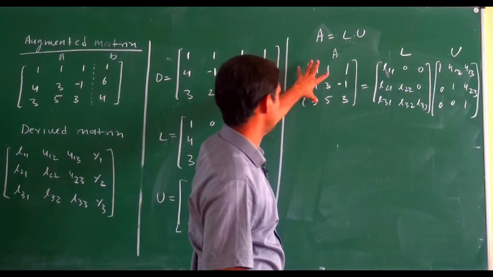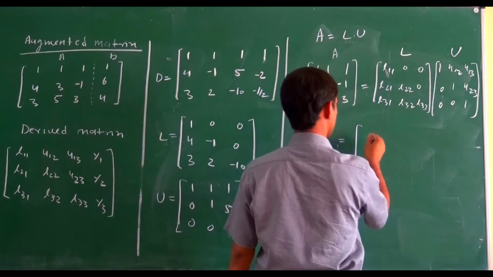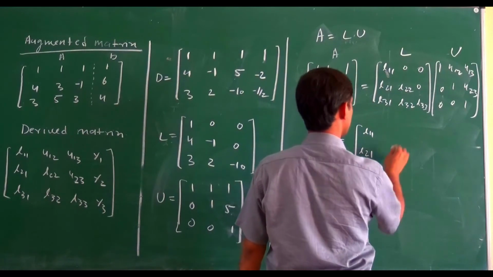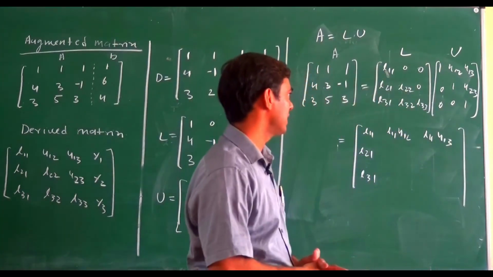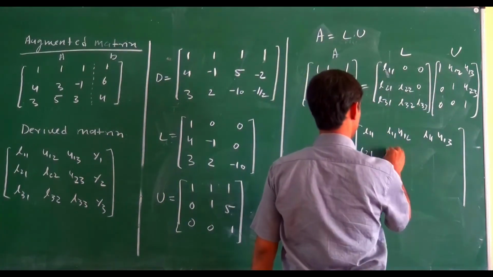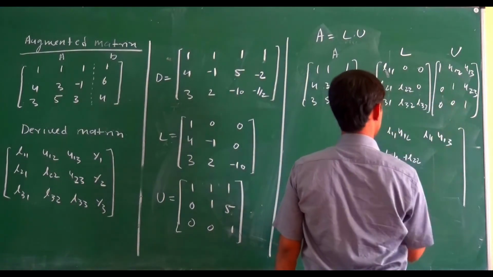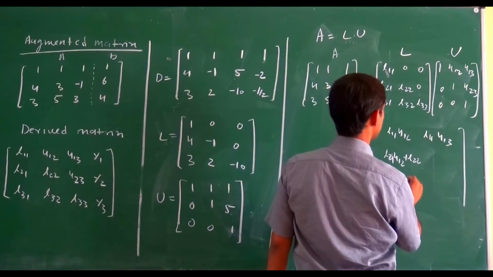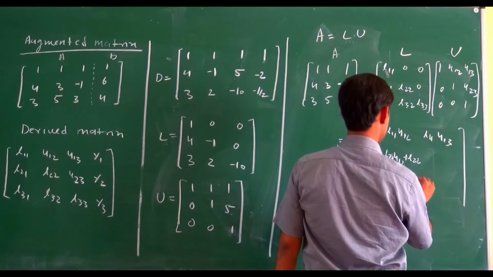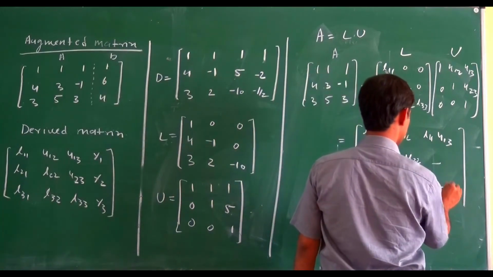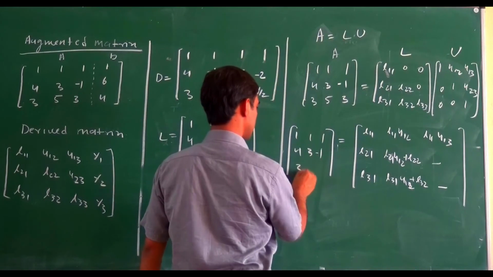Multiply the lower and upper triangular matrices and compare with matrix A. Multiplying gives L11, L21, L31, L11 U12, L11 U13, and in a similar manner we compare the rest: L21 U12 plus L22, and third row by second column, L31 U12 plus L32, and similarly we find the others. Then we compare with 1, 1, 1, 4, 3, minus 1, 3, 5, 3.